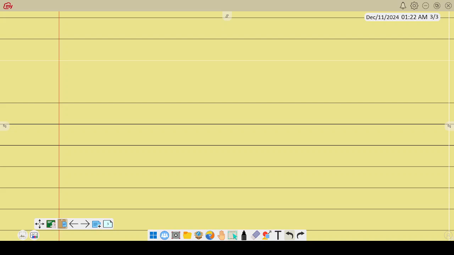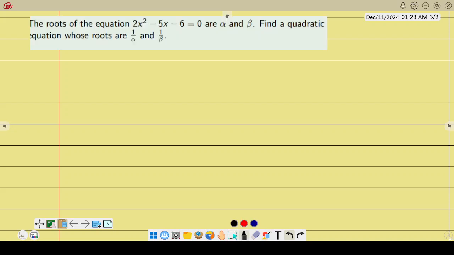Okay, let's proceed. That's our equation, that's our question. They're telling us that the roots of the equation are alpha and beta. They want us to find the new quadratic equation.